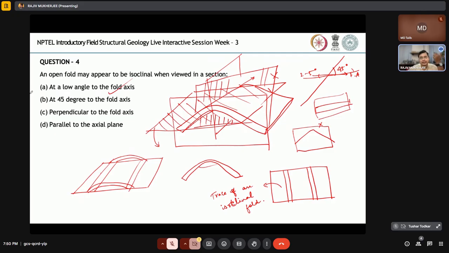So this would provide an apparent section where an open fold might be viewed as an isoclinal fold, right? So in this case, option A is the correct answer, which means that the open fold has to have a section cut at a very low angle with respect to the fold axis to get an apparent section that matches with an isoclinal fold.